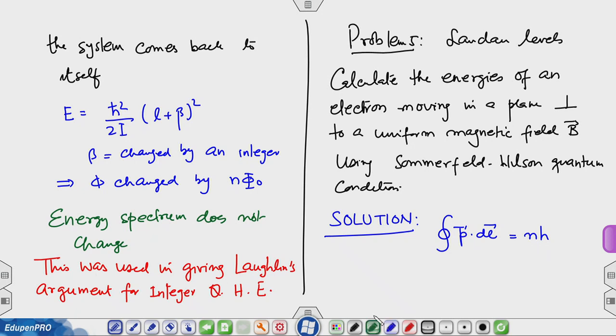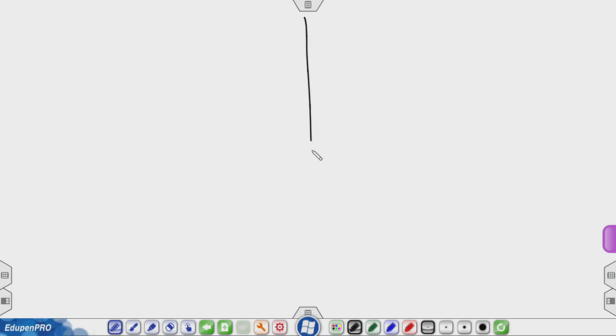Now, in this case, P is equal to m r dot minus E A, which is m v minus E A. So, if I want to apply this condition, what I have is integration of m v minus E A dot d l over the closed path should be equal to N H.